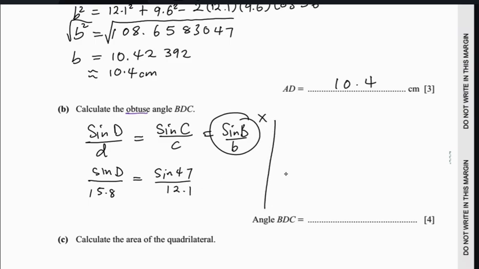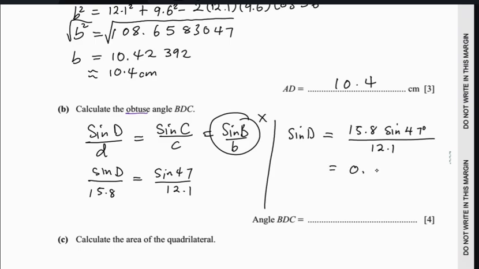Now we multiply both sides by 15.8, so sine d equals 15.8 sine 47 degrees over 12.1. Then we find our answer, that fraction there, 15.8 sine 47 all over 12.1.